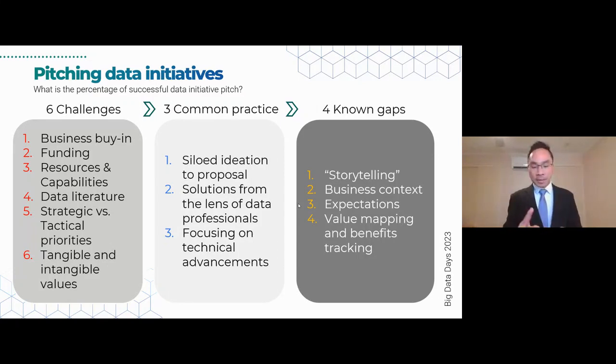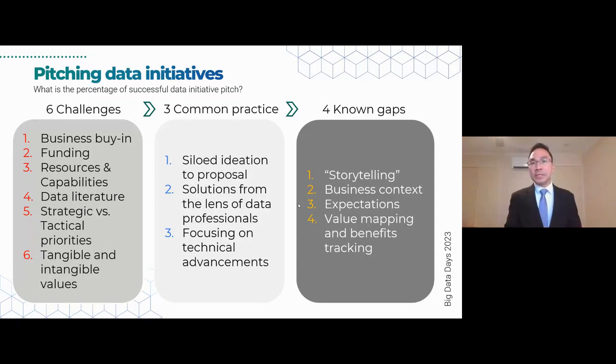First, it's very common to have a siloed ideation to proposal of what we think is a problem and come up with a solution wrapped around our data initiative. That's the most common practice. Then the second common practice is about the solution purely from the lens of data professionals.